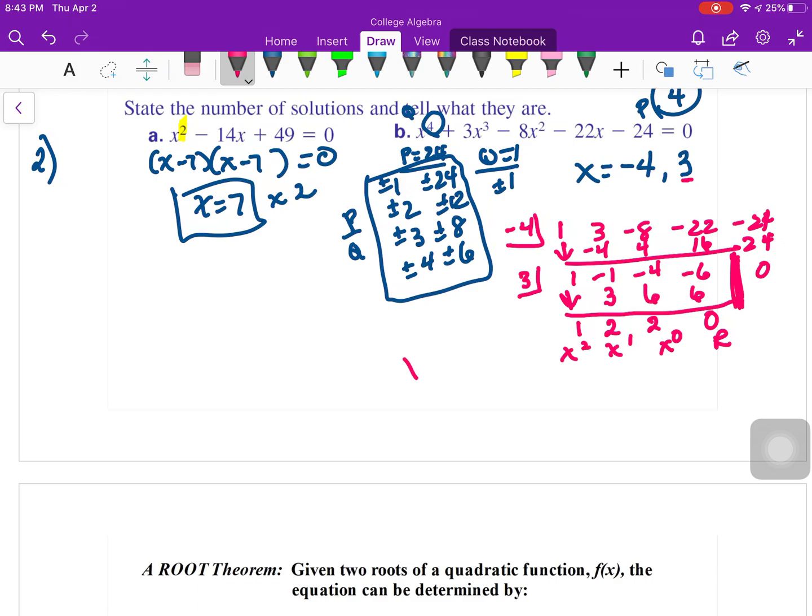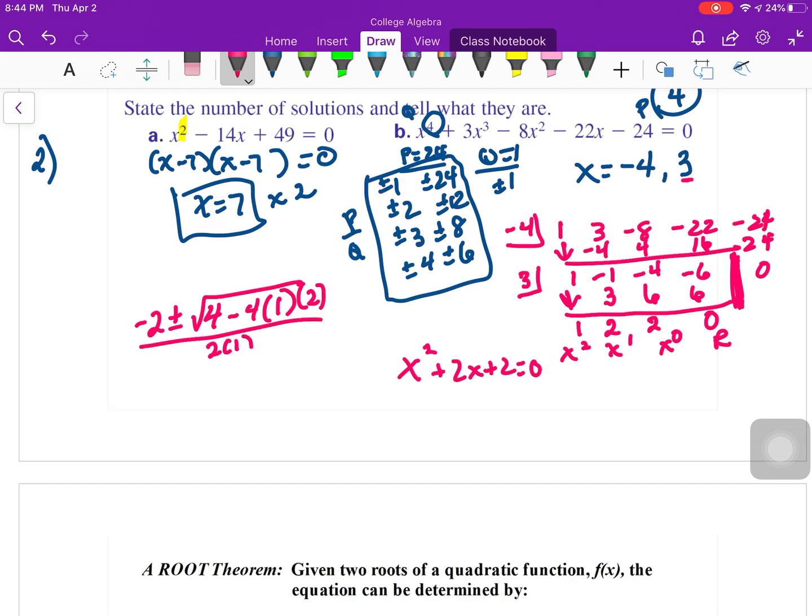So this gives me x to the 0, x to the 1, x squared. So I get x squared plus 2x plus 2 equals 0. And again, I must do the quadratic formula on that. So the opposite of 2 plus or minus the square root of 2 squared minus 4 times a times c all over 2a.